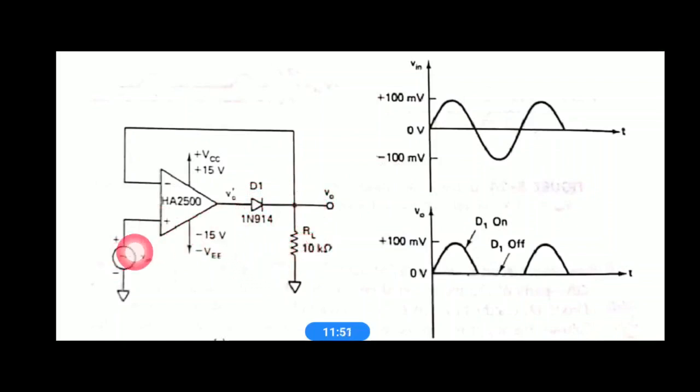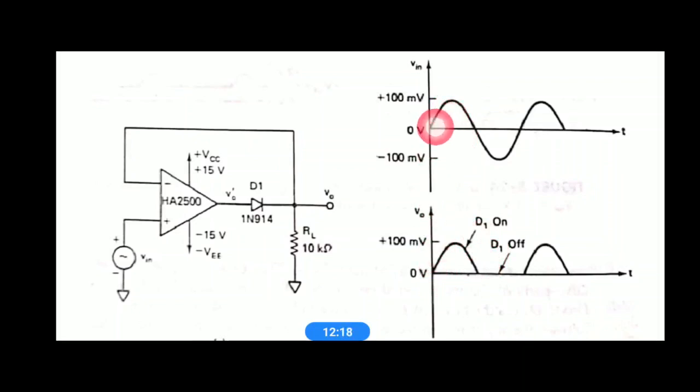For 3 millivolt you will not get 30 volt but the saturated output of plus 15 volt, the diode is forward biased, and it acts as a voltage follower, so 3 millivolt gives 3 millivolt. For 4 millivolt you get 4 millivolt, for 5 millivolt you get 5 millivolt, and for 100 millivolt you get 100 millivolt.